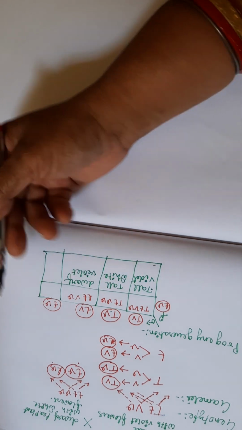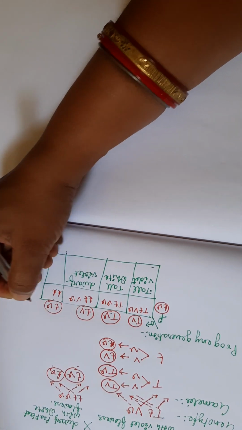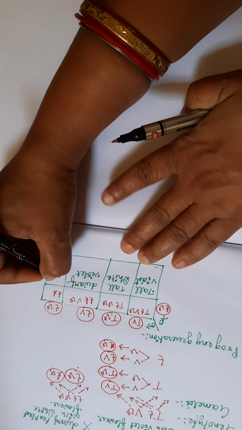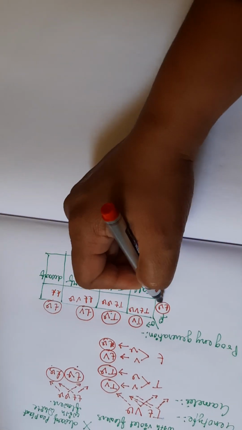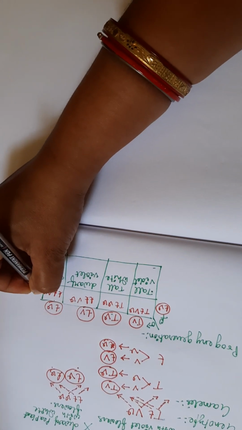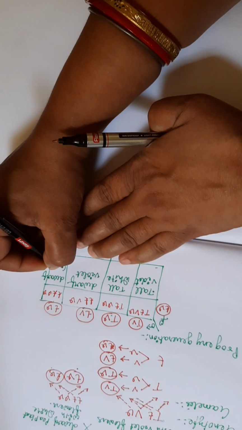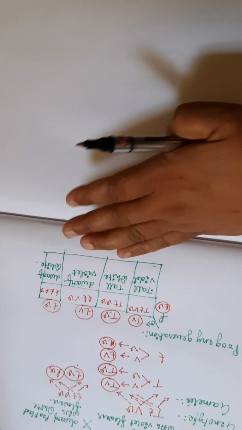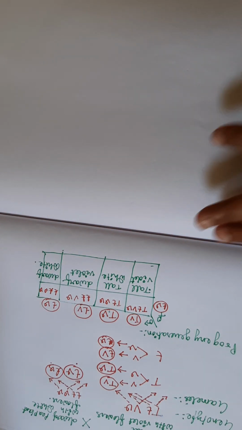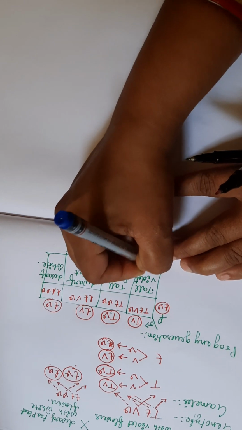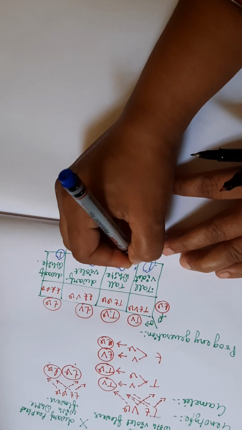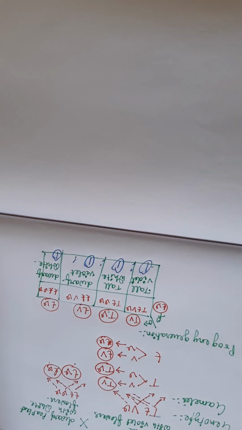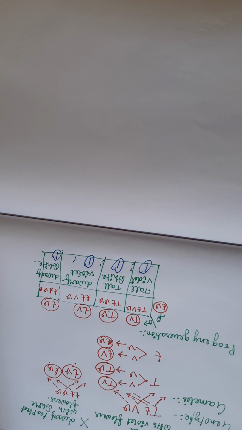If this pollen grain fertilizes this, it is small t coming together, again expressing the dwarf phenotype, and small v coming together, expressing the phenotype of white. So don't you feel the ratio over here is 1 is to 1 is to 1 is to 1? So the dihybrid test cross will show you the ratio of 1 is to 1 is to 1 is to 1.